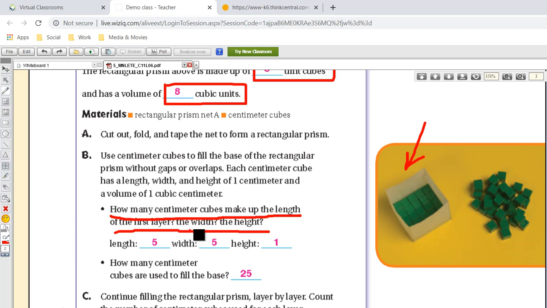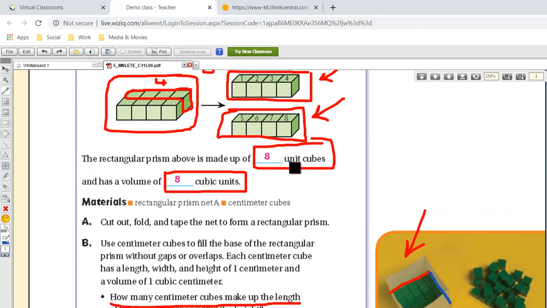Okay, the width and the height. So we are asking about length, and let's change the color, width here, and we have height is only 1, because the height here is 1.